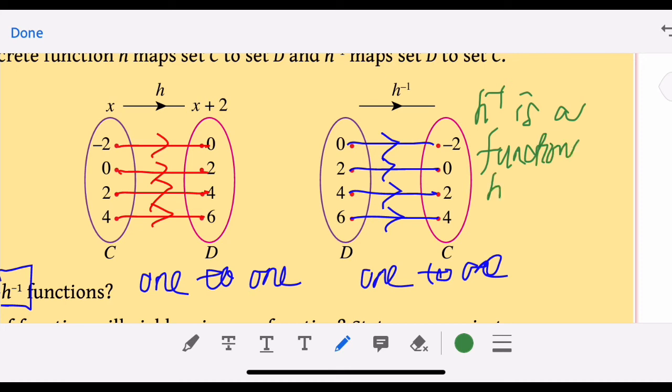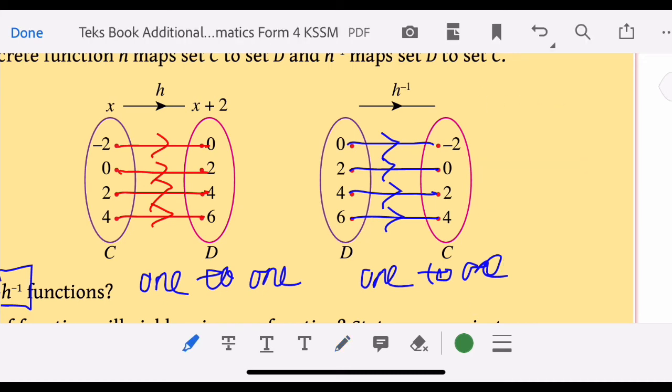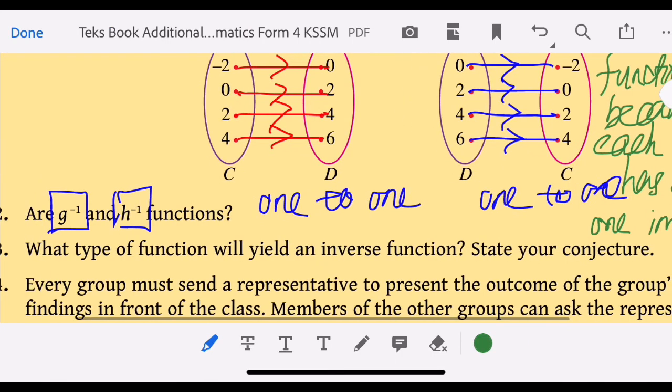Because each object has only one image, so it is one-to-one. The inverse is a one-to-one relation. So then we understand whether the inverse is a function or not a function.